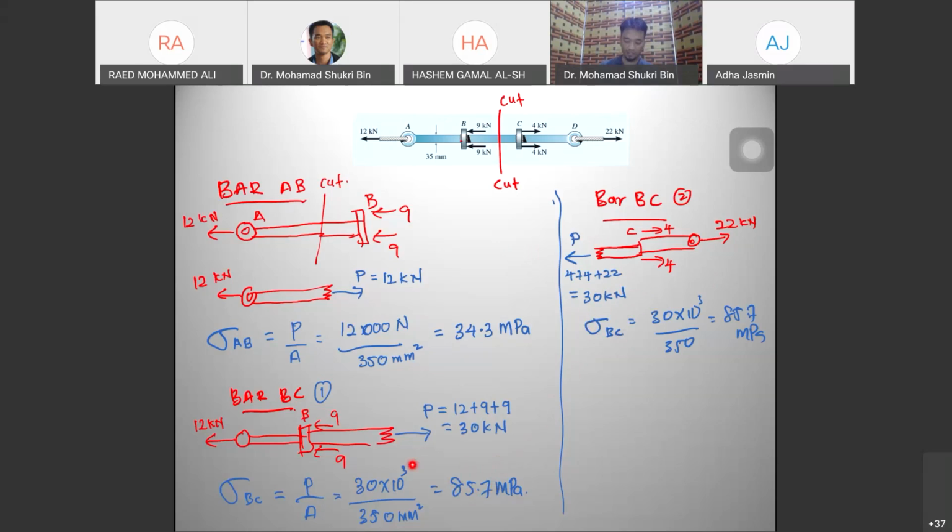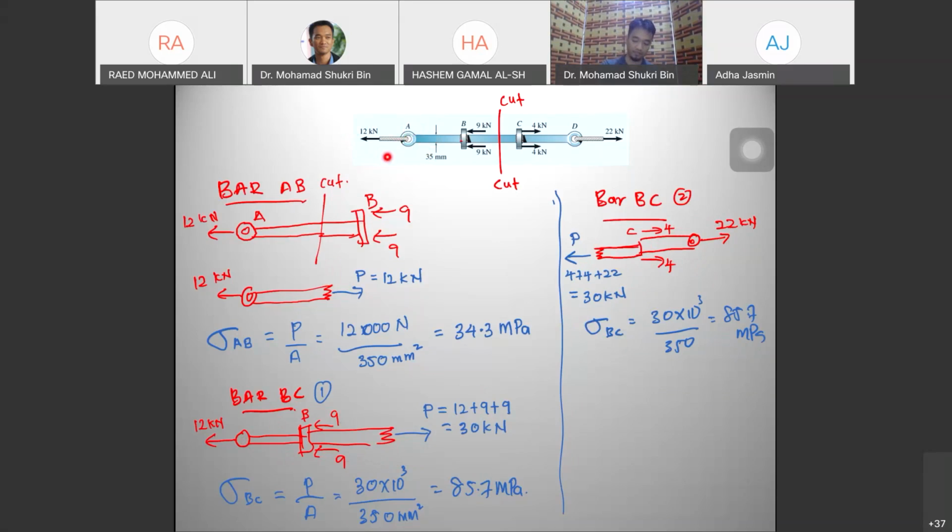No matter how you take the portion, either the left side or the right side, you should get the same answer. Basically, we take the side with less force, like this one, bar AB. We take the left side.